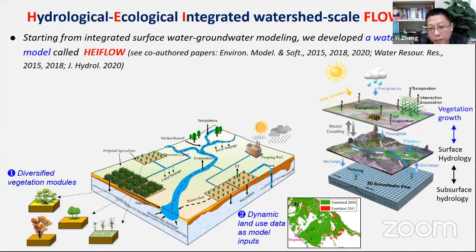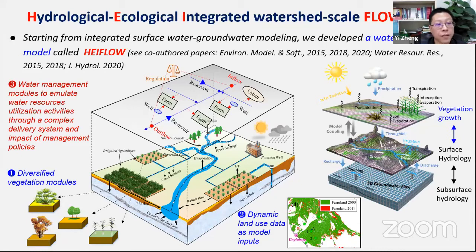When we do long-term hydrological modeling, it's not appropriate to just use a static input of land use. Our model has this functionality to take dynamic land use data. And the third one is it has water management modules to emulate water resources utilization activities through a complex delivery system, and emulate the impact of management policies. My lecture will focus on this new feature.